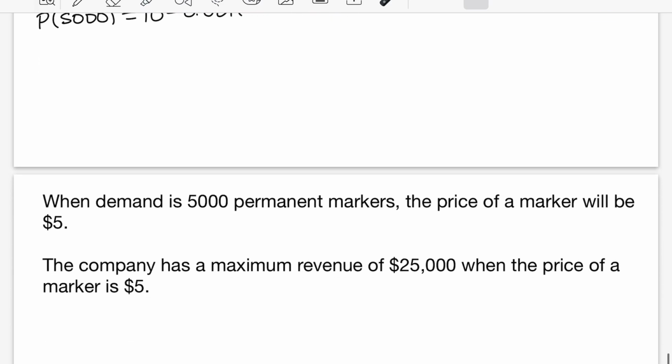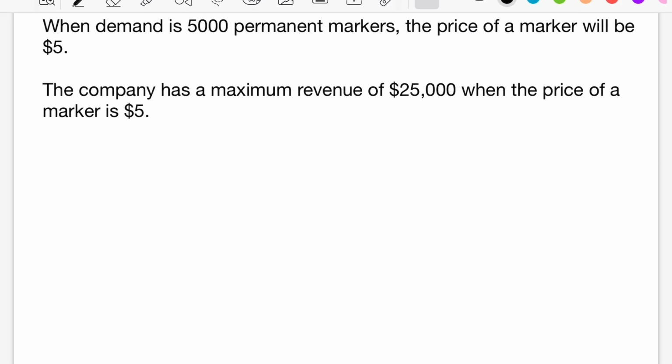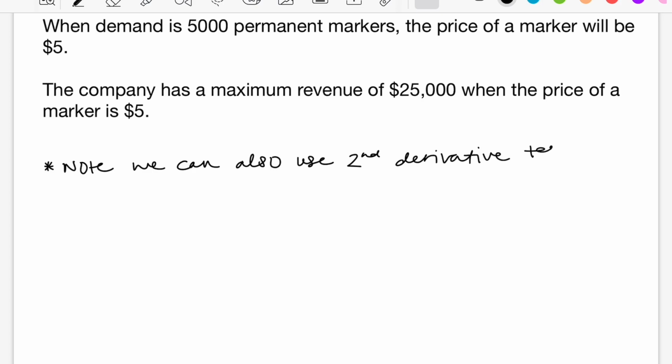And then something that I just wanted to note here. Oh, I didn't write it. That's okay. We can also use the second derivative test. We can take the second derivative of our revenue, and we'll find that that's just going to be equal to this here.